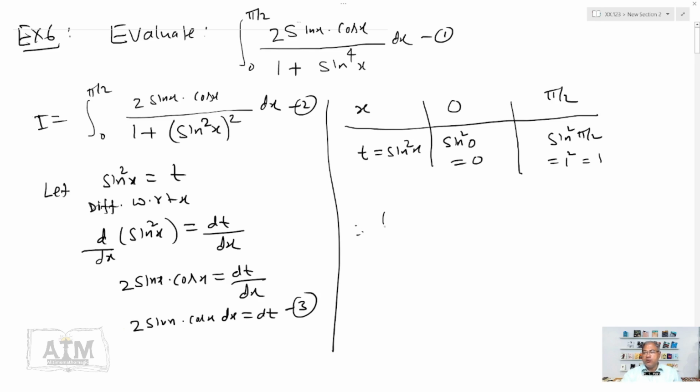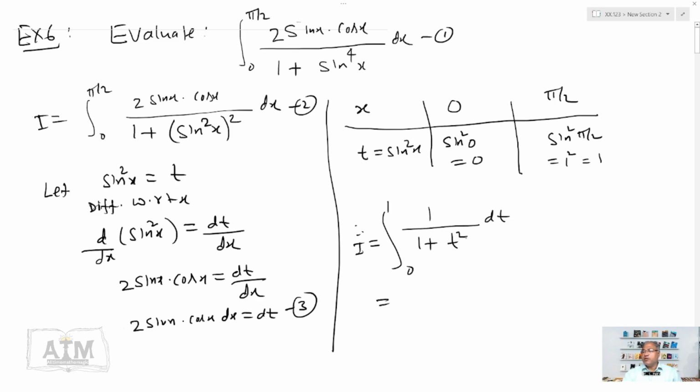Therefore the new limits are 0 to 1, I equals integration 0 to 1 of 1 upon 1 plus t square with respect to t, because 2 sin x cos x dx equals dt, and sin square x equals t, so it has been converted to t.